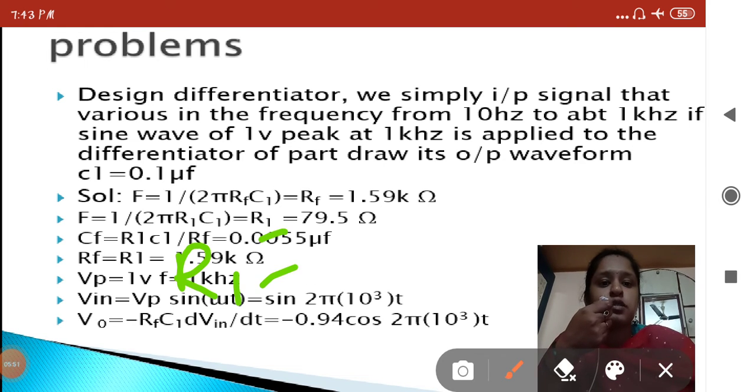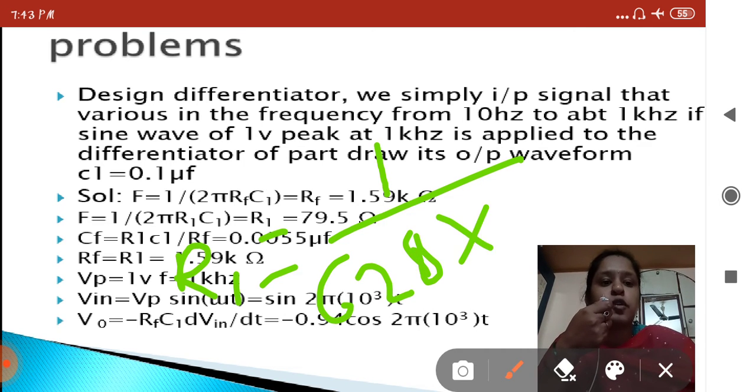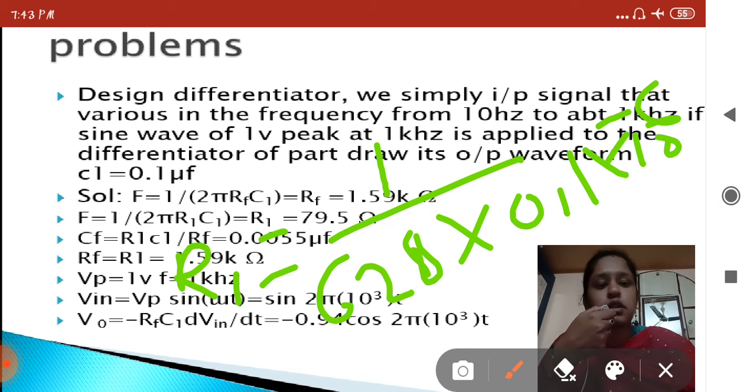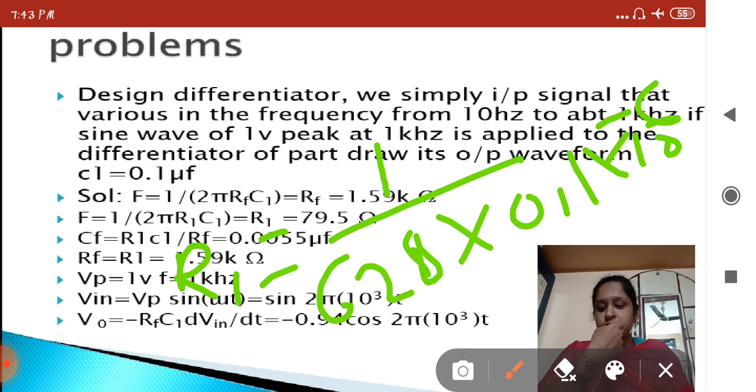R1 equals 1 divided by 2 pi, which is 6.28, times C1, which is 0.1 into 10 raised to minus 6, times f.